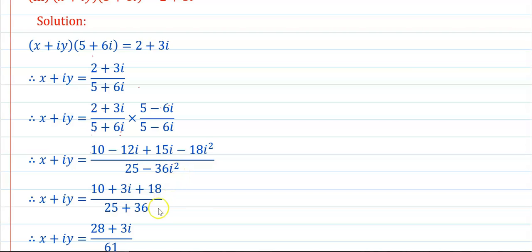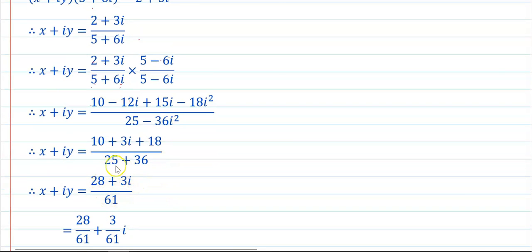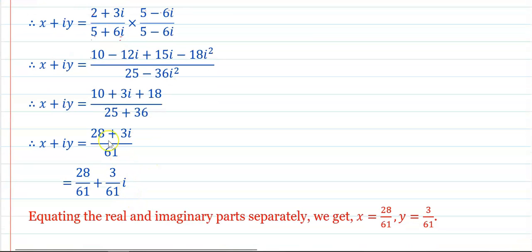Minus 36 into minus 1 you get 36, plus 36. 18 into i square is minus 1, and that minus and minus will become plus. That means first 10 came, minus 12i plus 15i you will get 3i, plus 18. 18 plus 10 you will get 28 plus 3i. 25 plus 36 you will get 61, and hence 28 upon 61 plus 3 upon 61 into i.